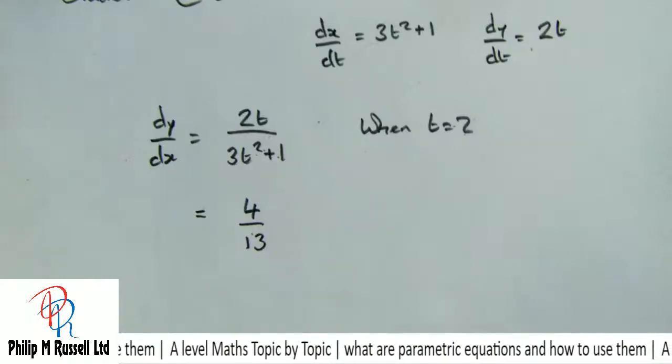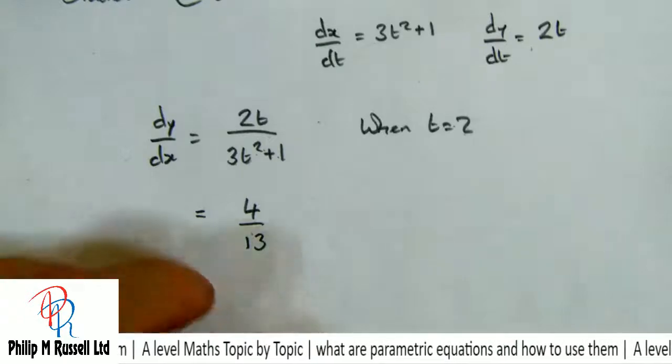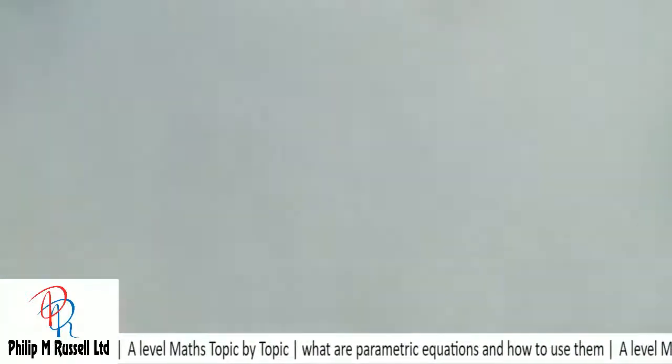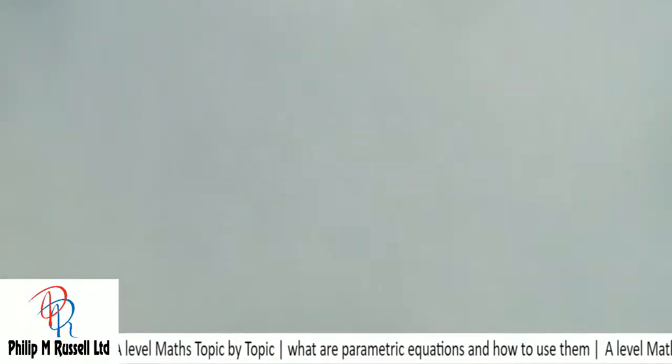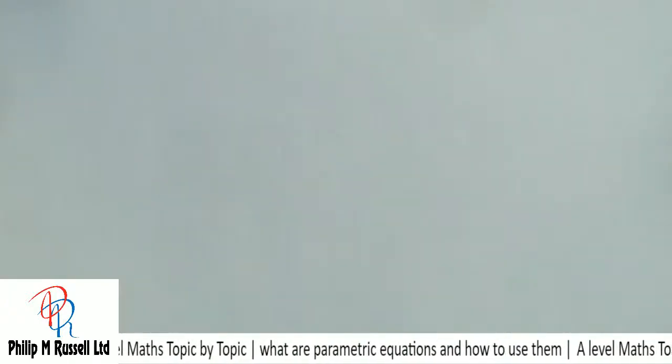Now let's just have a bit of fun with this, and we'll try something a little bit nastier. We'll try one of these with cos and sine in there, and that's not that difficult.